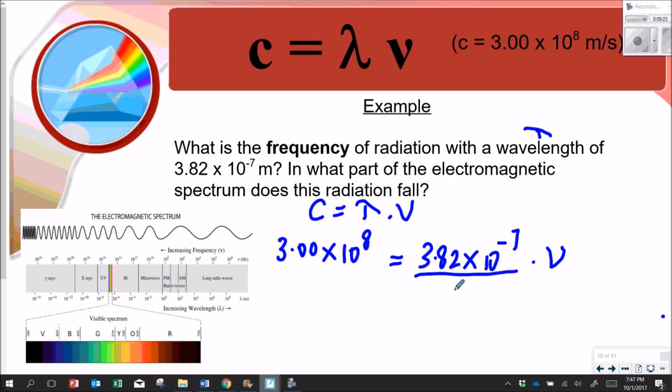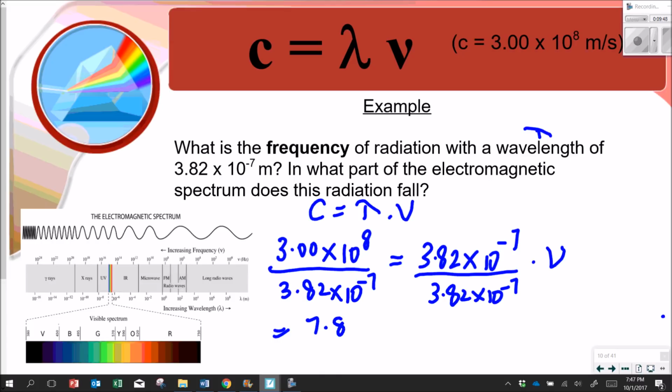So we divide by 3.82 times 10 to the negative 7, and we divide by the same thing on the other side, and that gives us 7.8534 times 10 to the 9.